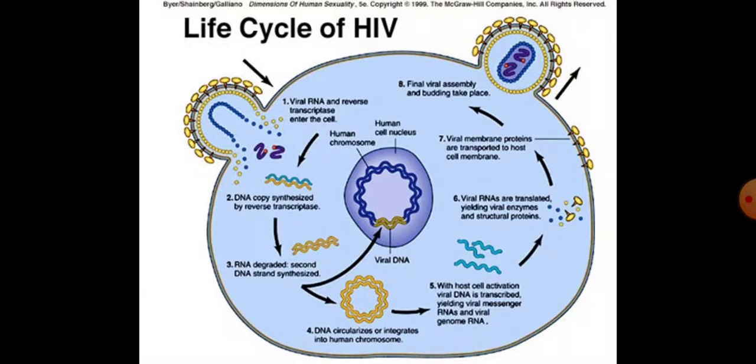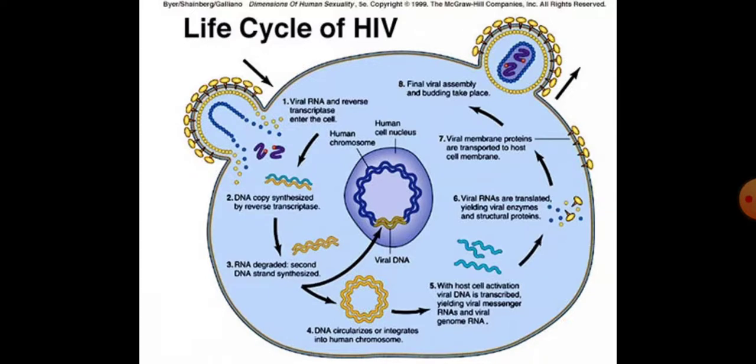In the next step, a DNA copy of the viral RNA is synthesized under the action of reverse transcriptase, the enzyme which is found in HIV itself. So the function of reverse transcriptase is reverse transcription, because otherwise transcription means the synthesis of messenger RNA from DNA.